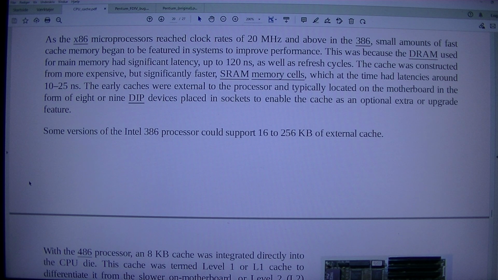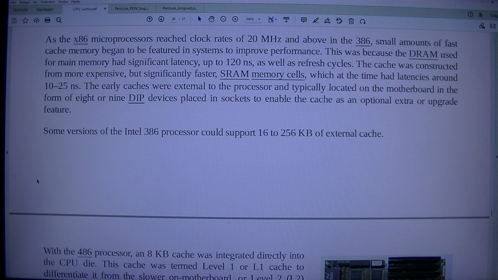The cache was constructed from more expensive, but significantly faster, SRAM memory cells, which at the time had latencies around 10 to 25 ns. The early caches were external to the processor and typically located on the motherboard in the form of 8 or 9 DIP devices placed in sockets to enable the cache as an optional extra or upgrade feature.